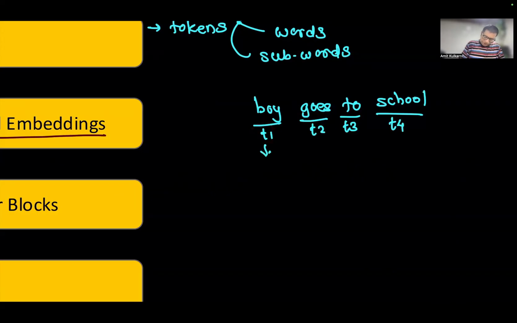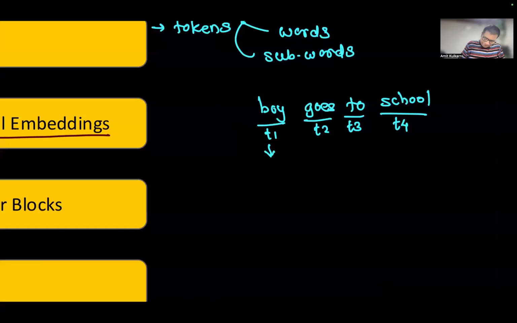Now, this will get converted into, let's say, a number. Embedding is just a number for us at the moment. So this is 1, 2, 3. This is 2, 3, 4. This is 4, 5, 6. And this one here is 6, 7, 8. Just random numbers I'm choosing to represent those words.